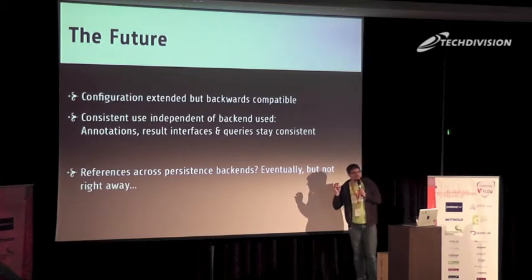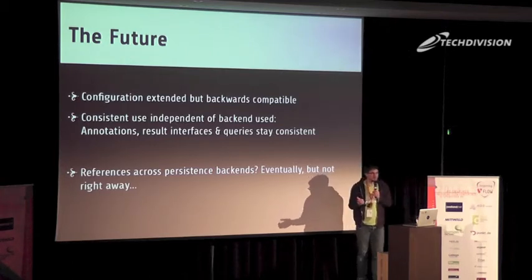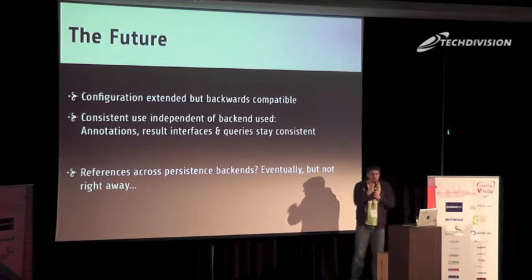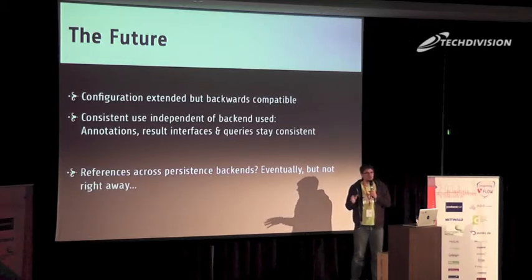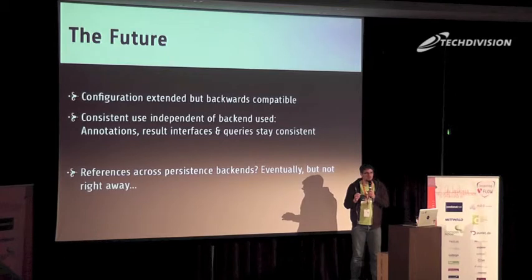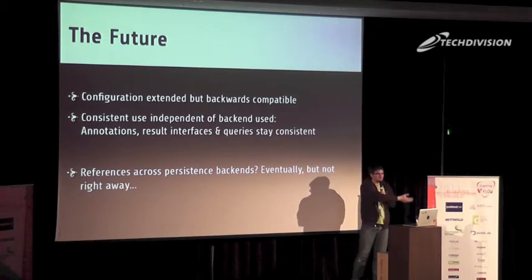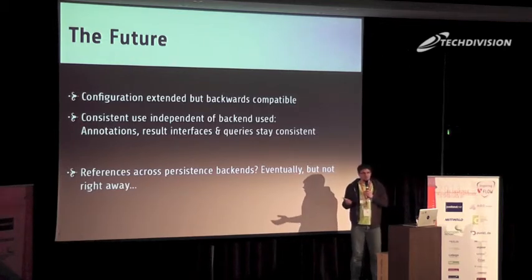Then what's really important is the consistency in using different backends. It is of no use if you say, yeah, I need a document database, but it's so radically different coding models for this than it is for coding against the ORM, that you really need to decide early on in the project which one to use.